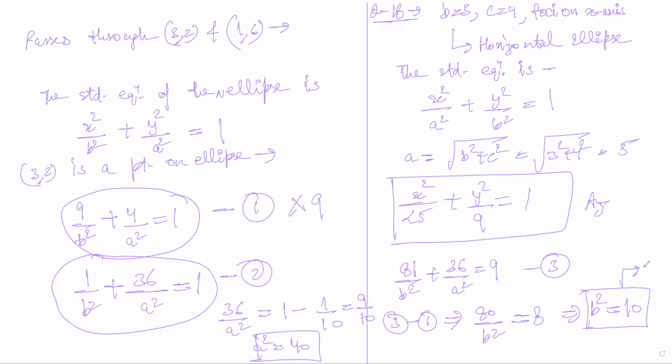So you have a square, you have b square, use fourth and fifth to find out the equation.